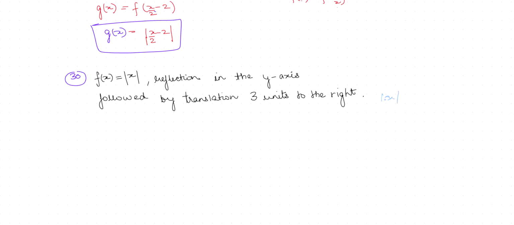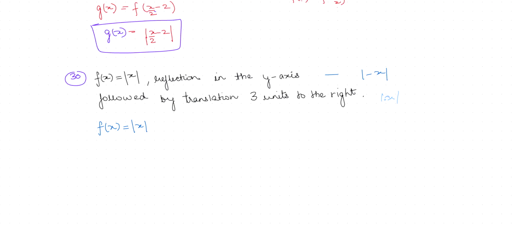First, f of x is given as this. So reflection in the y-axis would change it into minus x. And then followed by translation 3 units right.